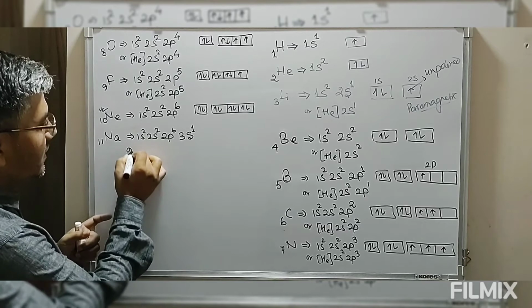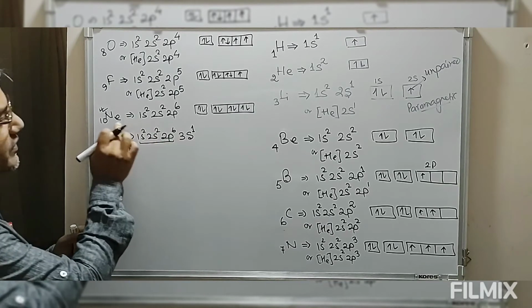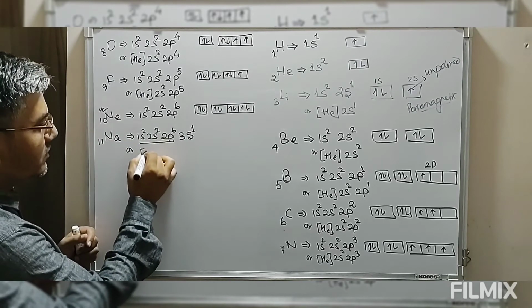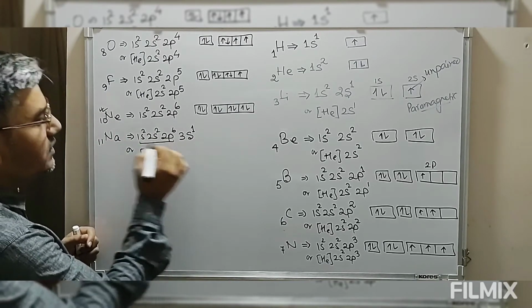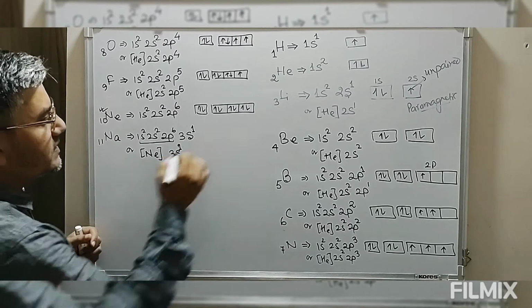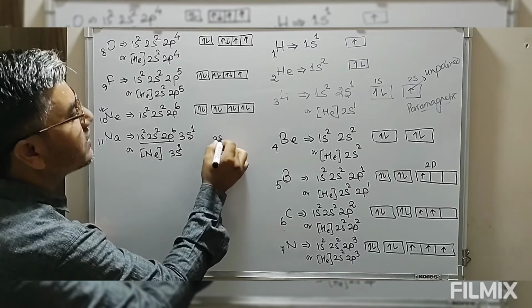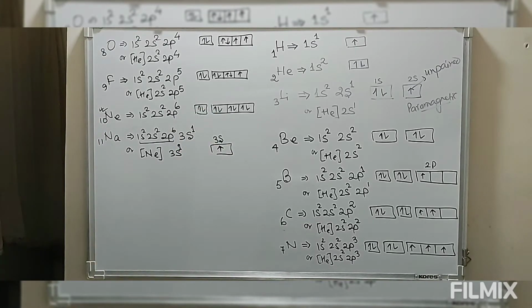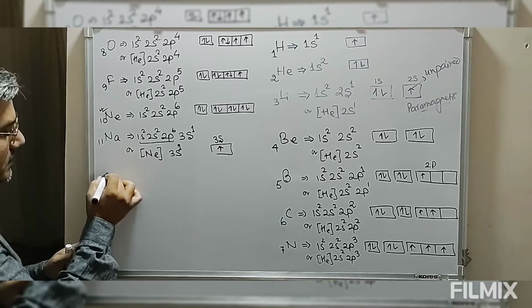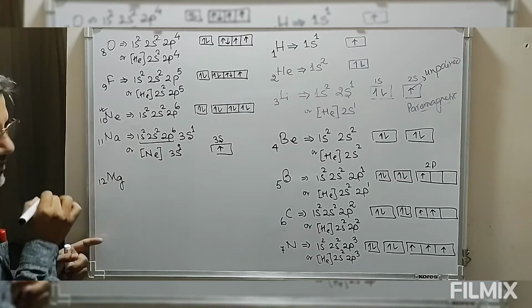Up to 10, this is nothing but the configuration of the noble gas, so we can simply write the configuration of neon, then 3s1. I am showing only the valence shell. So sodium, then we have magnesium.